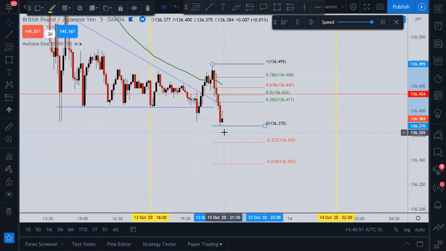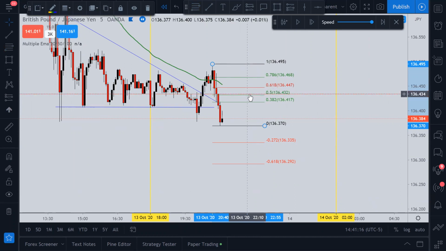All right. Do I have an alignment with the 618? We have an alignment with a level, but is this the strongest level? Is this the best setup in the world? Not to me.